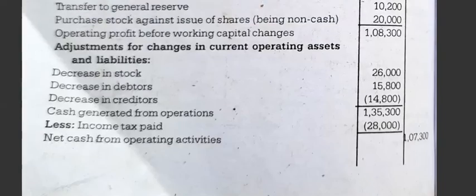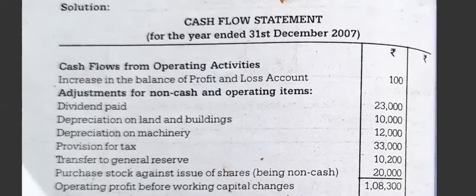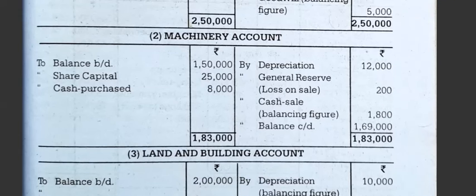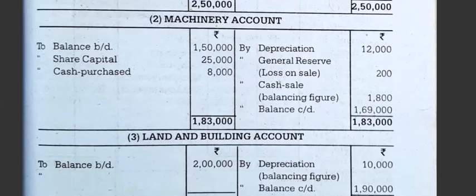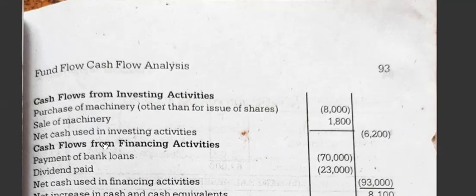Purchase of machinery. Then sale of machinery also there, 1,800. See, sale is the balancing figure. Okay, net cash flow from investing activities 6,200 in the bracket.